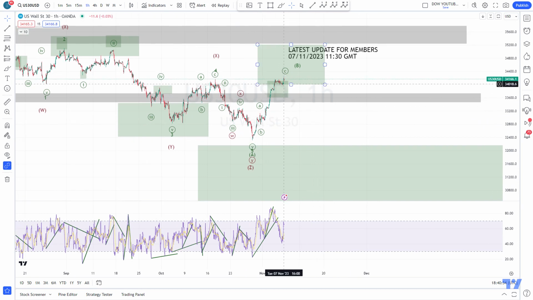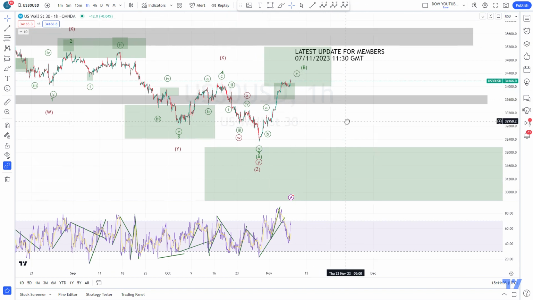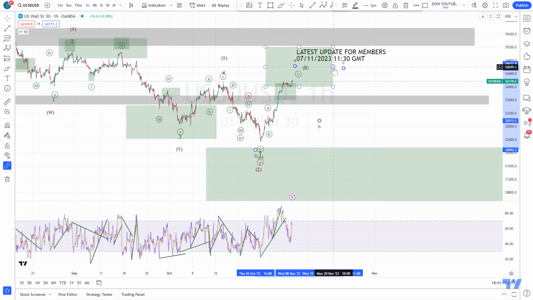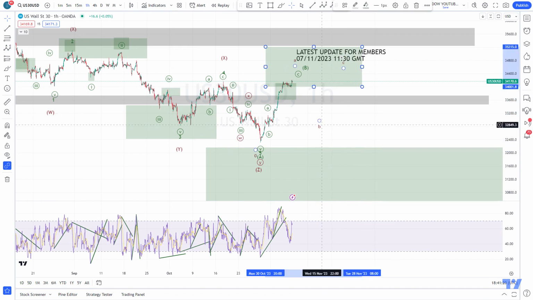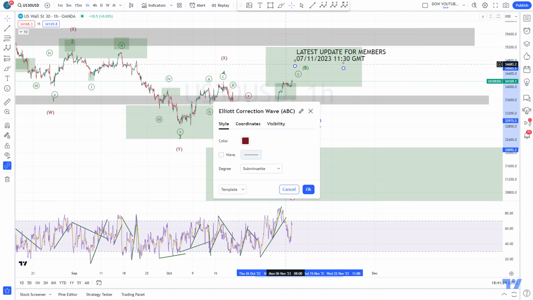What could still play out is, once this impulse is finished, that we get something like this. Let me indicate it in red. So it could be that from here, this was just a wave A, we retrace as a wave B, and then we make a new high as a wave C. That would also be a valid wave B correction.